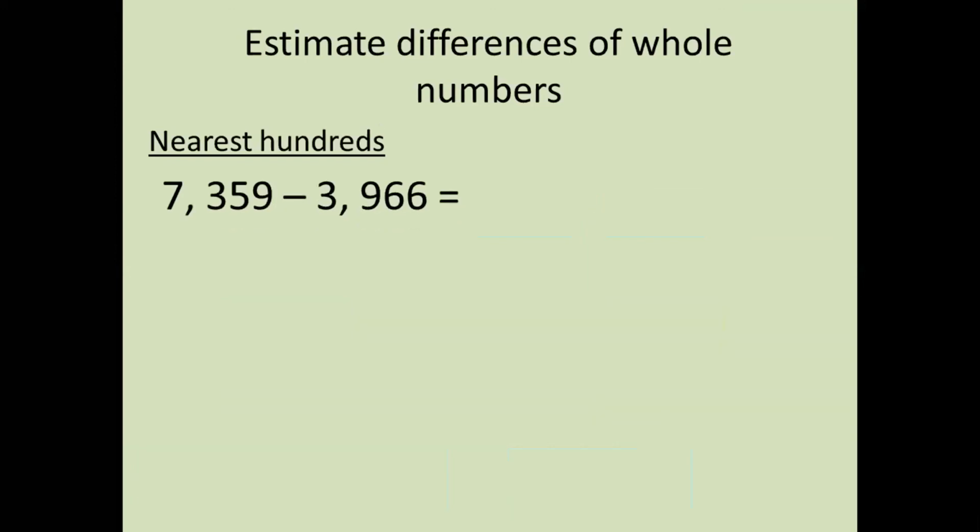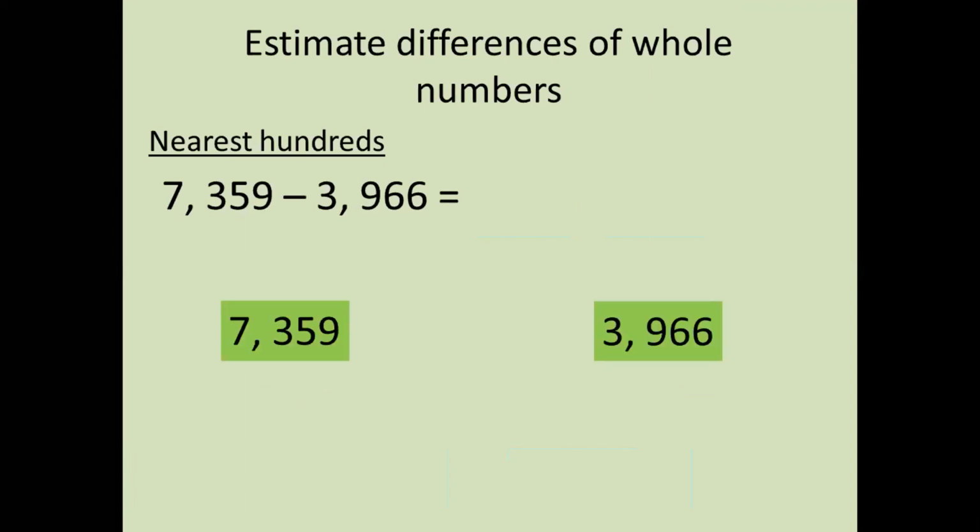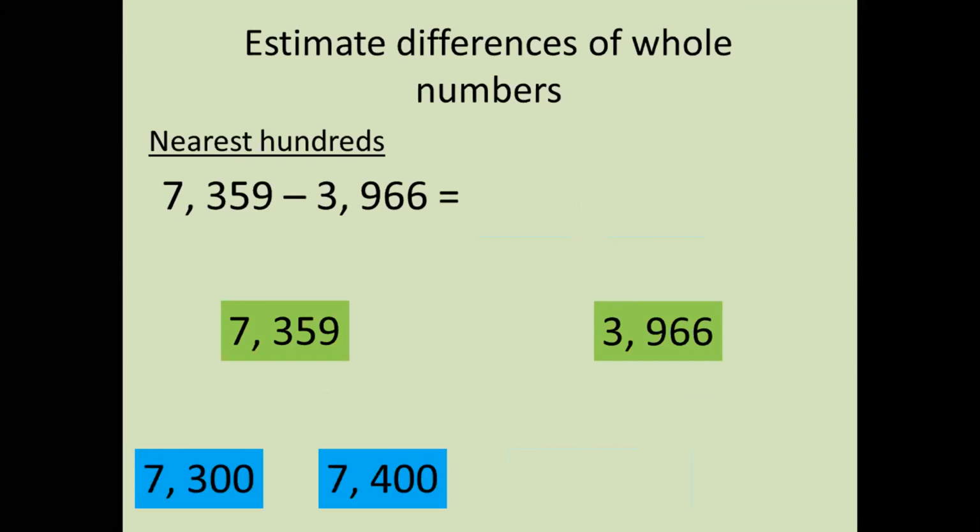When we round to the nearest hundreds, this is how we do it. 7,300, 7,400. What can you tell me the other hundreds in 3,966? 3,900 and 4,000.